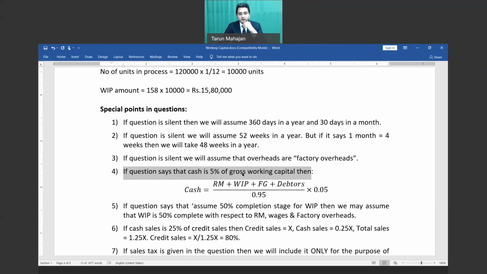But what is gross working capital? Just think about it. How do you solve it? Look, that's simple.